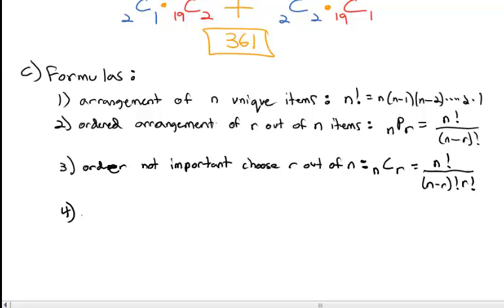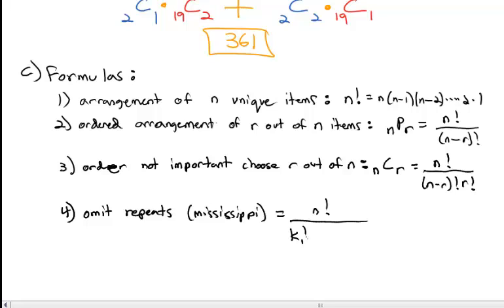And that was connected to the idea of omitting repeats. We divide them out. This was what is classically called the Mississippi problem. And that was n factorial, and then we divided out all the repeat factorials, the k1 factorial, k2 factorial, all the way down to the last one that's repeating factorial.